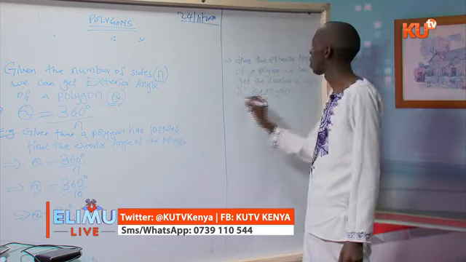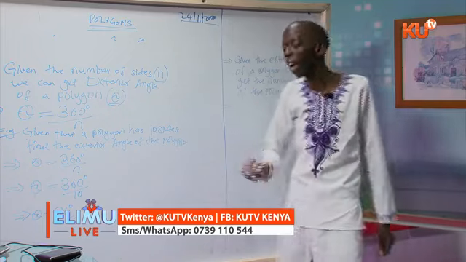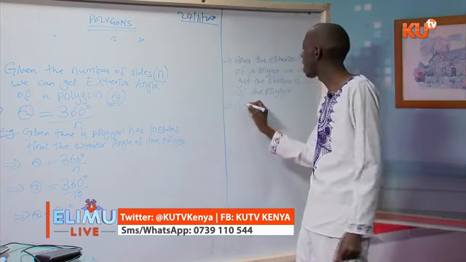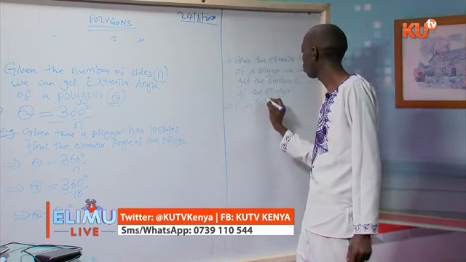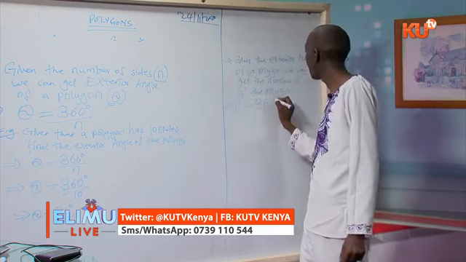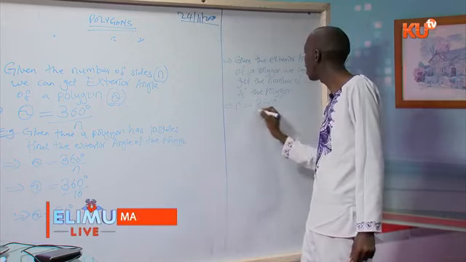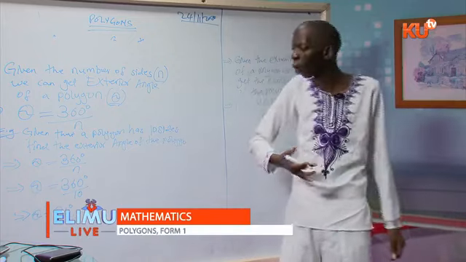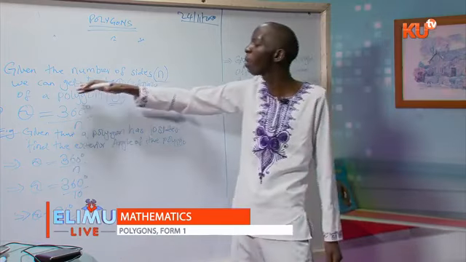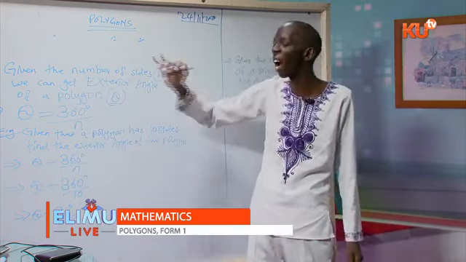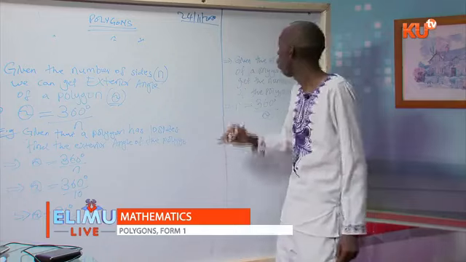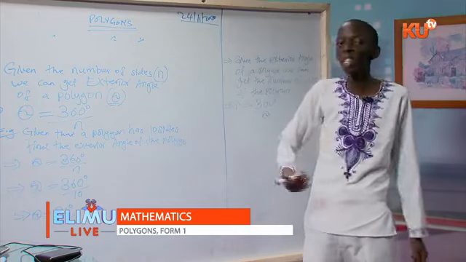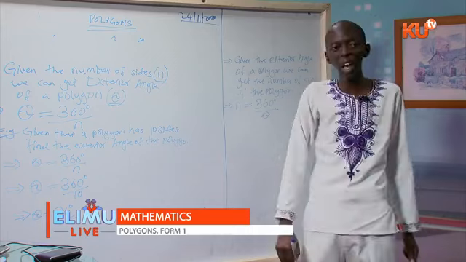How do we get it? Using this formula: n, which is the number of sides of the polygon, is equal to 360 degrees divided by theta, which is the exterior angle. Likewise, the way we are given the number of sides and we could get the exterior angle, similarly, once you are given the exterior angle, it is easier to get the number of sides, which is n.